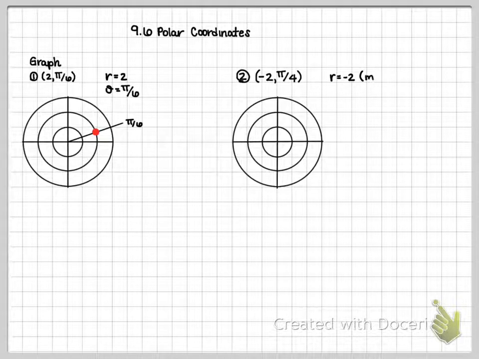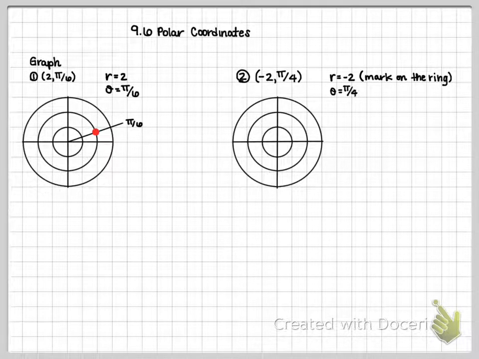I'm going to mark the point instead. So I will mark on the ring. I'm not going to actually plot. There's a little bit of work that we need to do, because we need to make sure that our radius is positive. And then our theta is pi over 4.